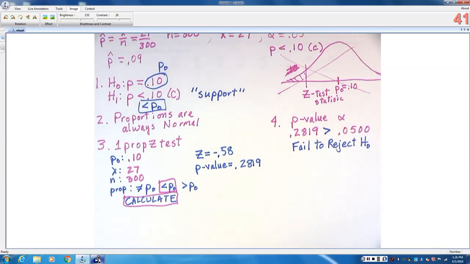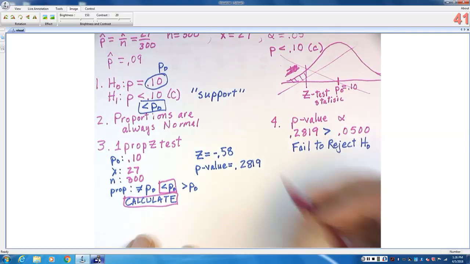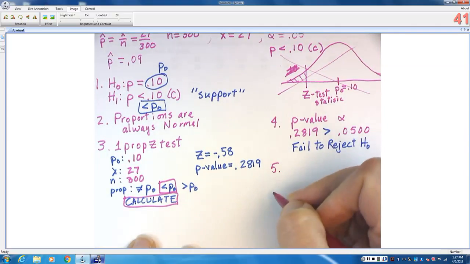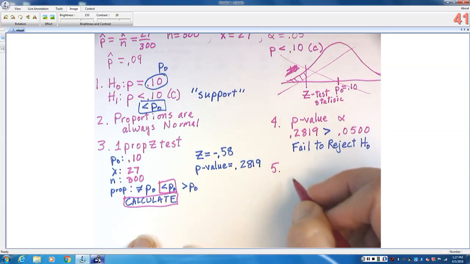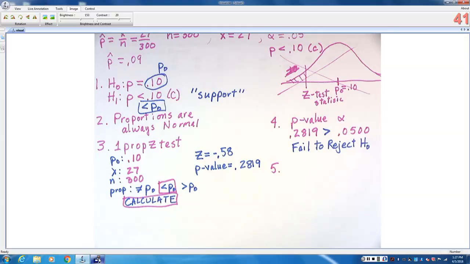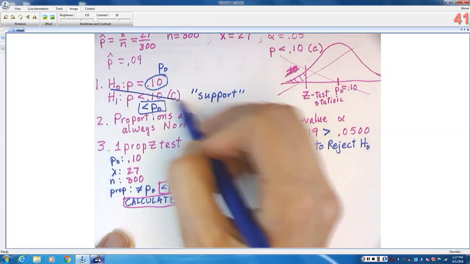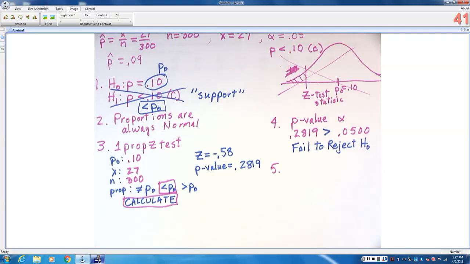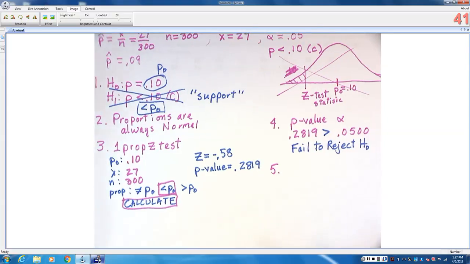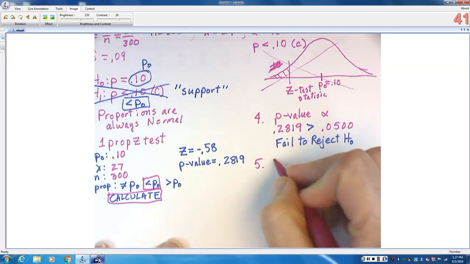So step 5. There is enough evidence to support the claim. Well, we need to cross out something. That's why I always cross out. Fail to reject H0 means you don't cross out H0, you cross out H1. Okay, so we've crossed the claim out. So there is not enough evidence to support the claim that less than 10% of the test results are wrong.